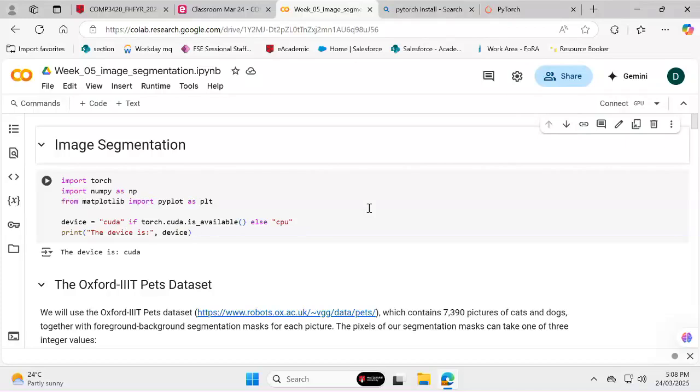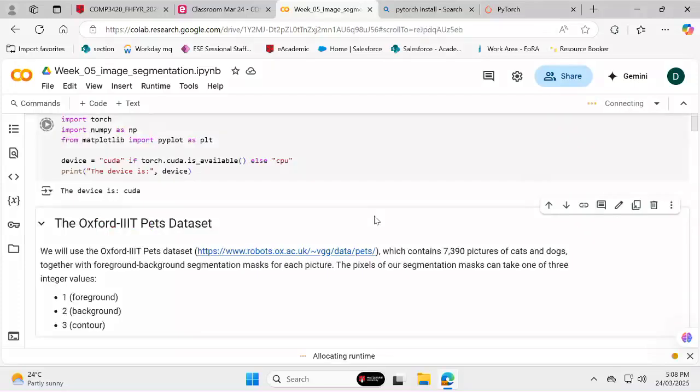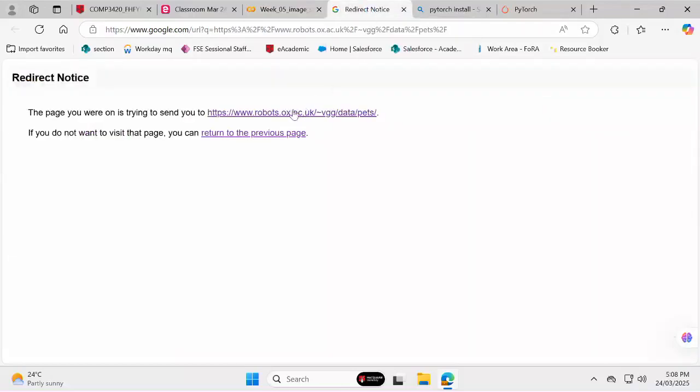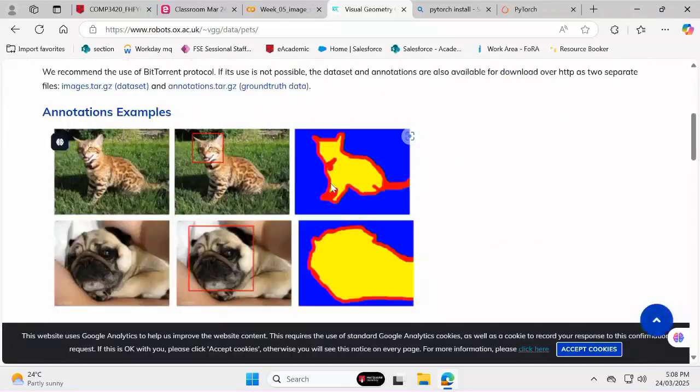Okay, so the task is going to be identifying pets. So let's connect this. In the meantime, we're going to go to this link here. We're going to use the Oxford-IIIT Pet dataset, which is used for tasks about object segmentation and object detection. So you have these two different things.